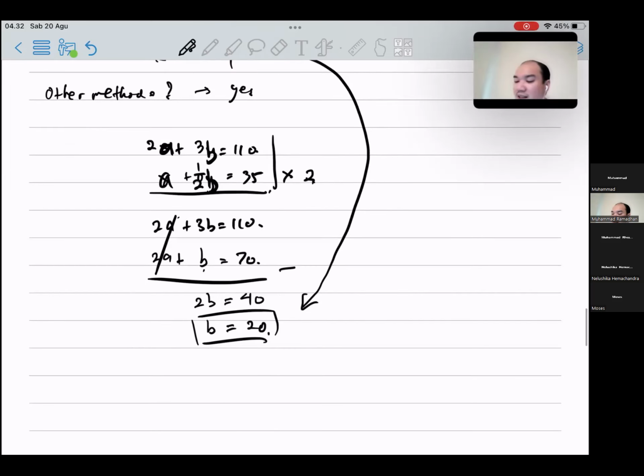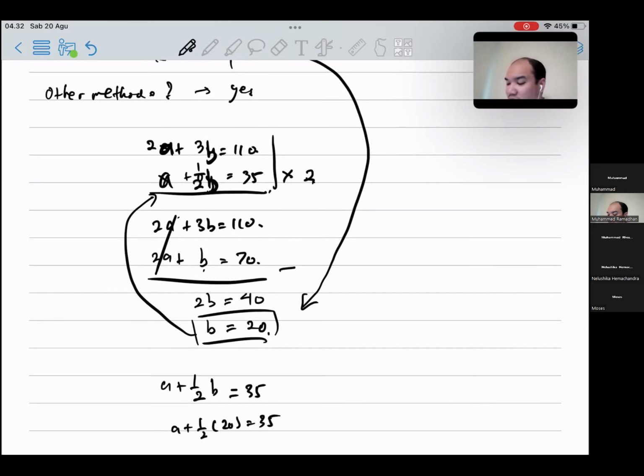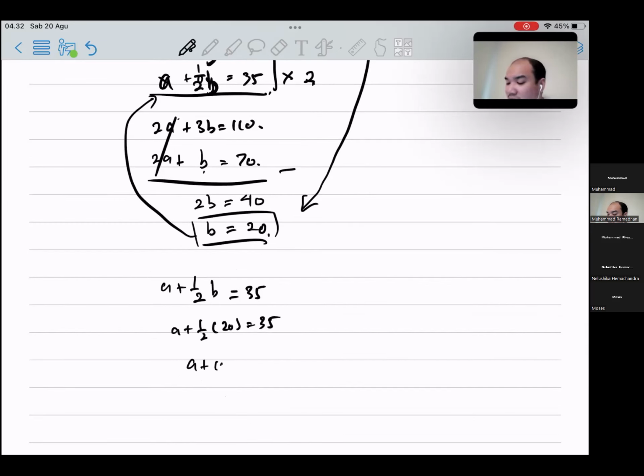And then substitute B equal to 20 into A plus half B equal to 35. A plus half of 20 is 35. So A plus 10 equal to 35, A is 25. Okay, so the result is the same.